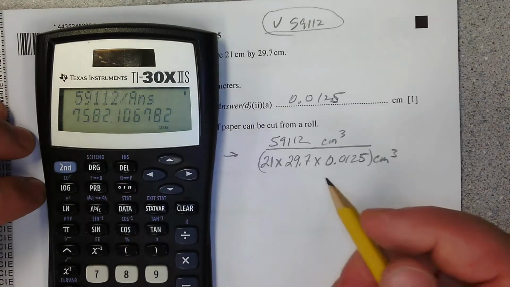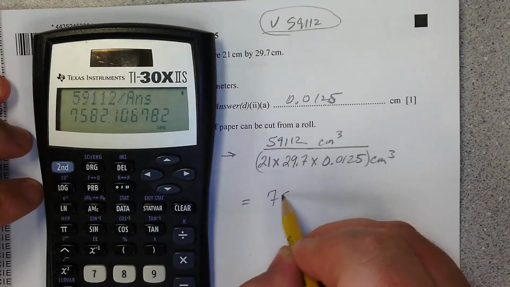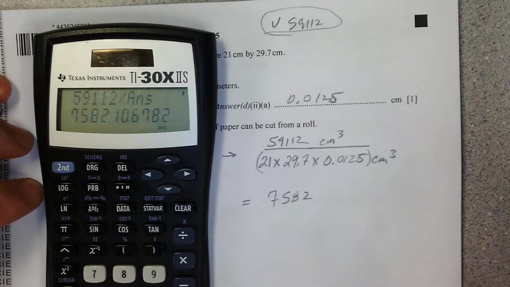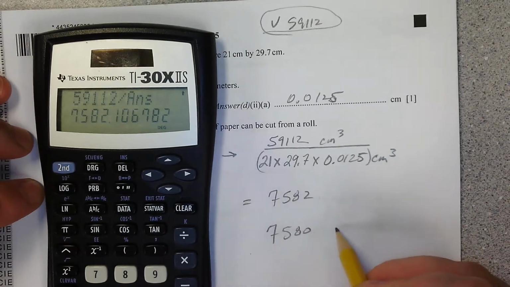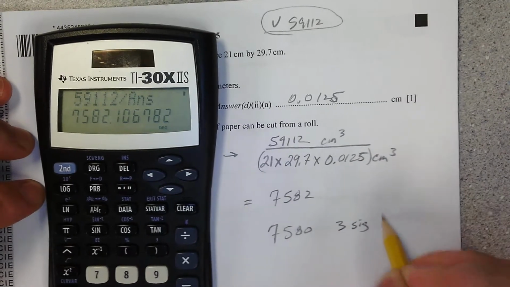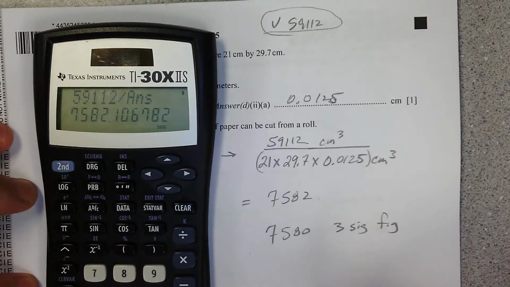It's going to be 7582 point who cares. So three significant figures would be 7580. Three sig figs. So 7580, correct to three significant figures. That's worth 4 points. It's pretty good.